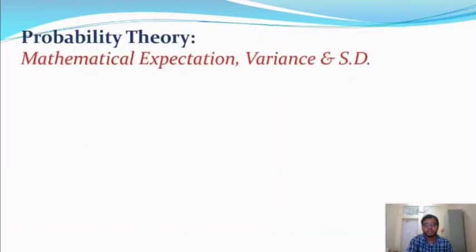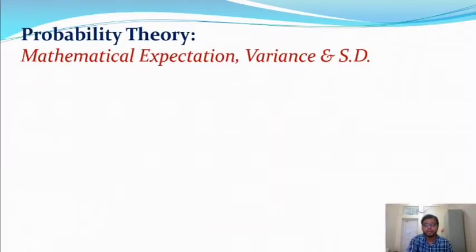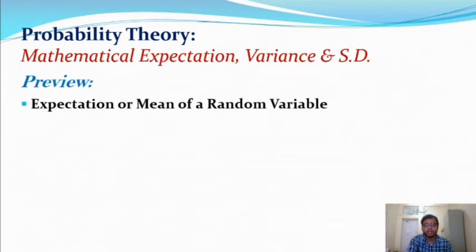Before we start today's lecture, let's quickly recall the last lecture. In the last lecture we discussed mathematical expectations, variance and standard deviations. We discussed the expectation or mean of a random variable for the continuous case as well as the discrete case.